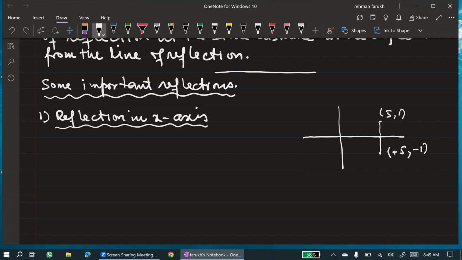So when we generalize this result, when we reflect any point in the x-axis, we will change the sign of the y coordinate.